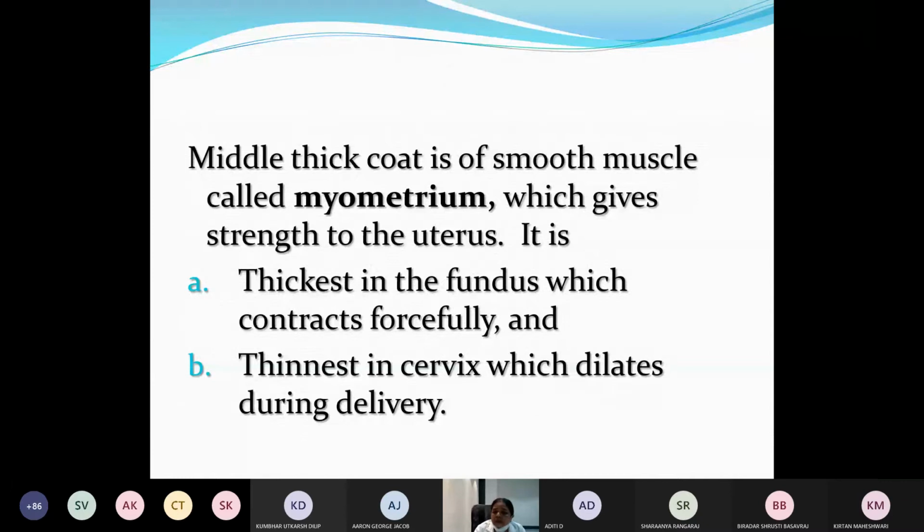Middle thick coat is of smooth muscle called myometrium, which gives strength to the uterus. It is thickest in the fundus, which contracts forcefully, and thinnest in cervix, which dilates during delivery.